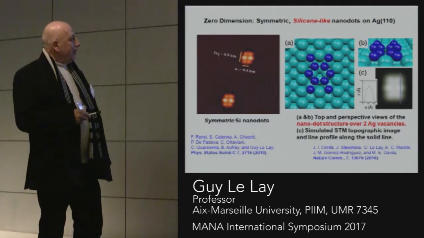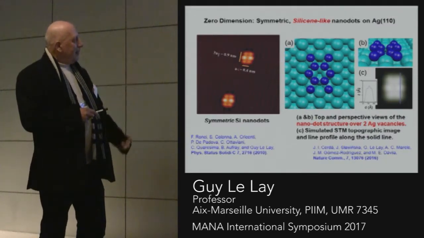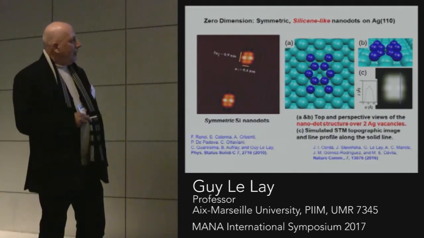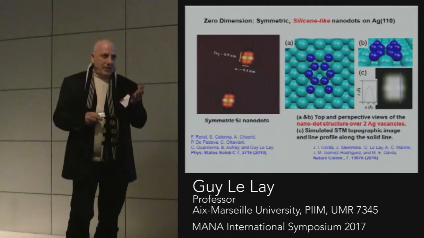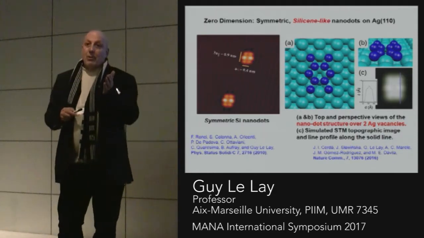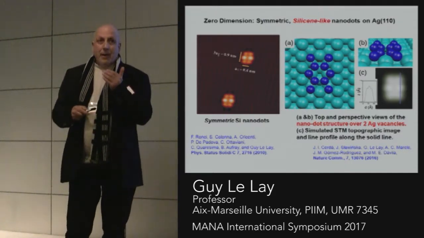And very interestingly, the structure of those nanodots is something hexacyclic, benzene-like, with these arms, silicon here, but they sit on 2 vacancies. Silver is very, very soft. Silver 110 is not reconstructed per se.